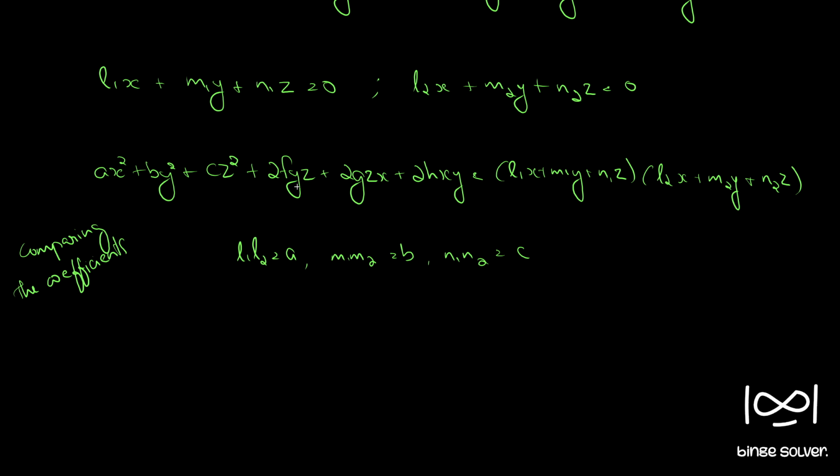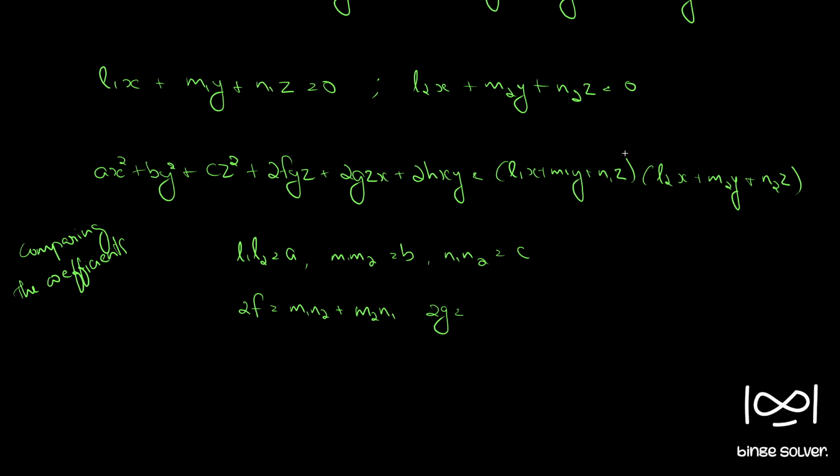Now what is the coefficient of yz? f is equal to the coefficient of yz, and there are two terms, y into z, which is M1N2, plus N1M2. So 2f = M1N2 + M2N1.